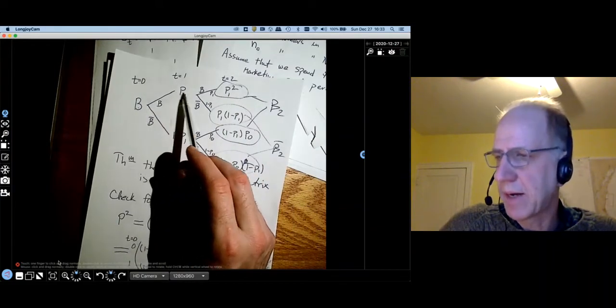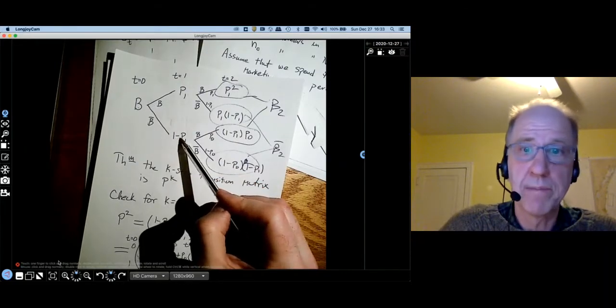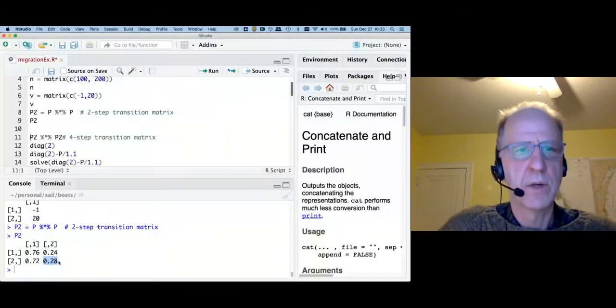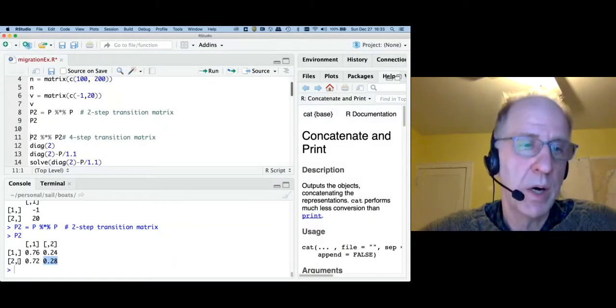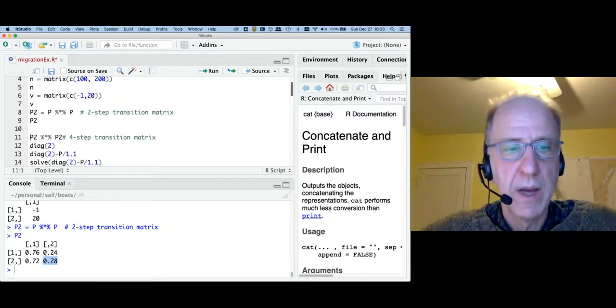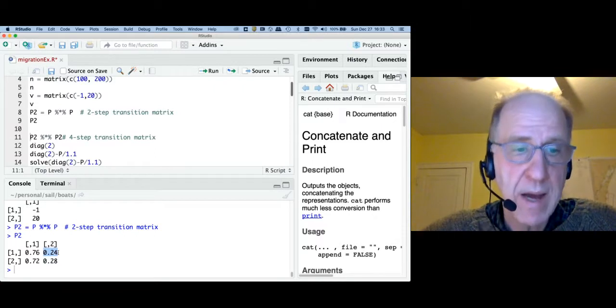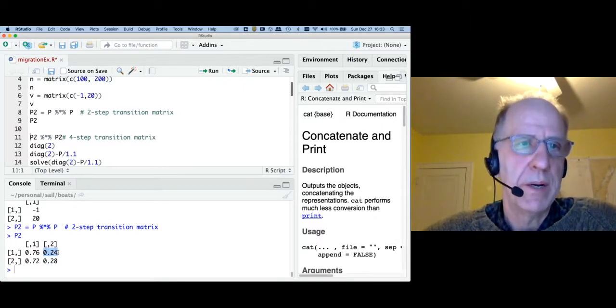I either buy and I buy again, or I don't buy the first period, but then come back to life in the second period. And so in this case, there's a 28% chance that someone who just bought buys 2 periods from now. There's only a 24% chance that someone who is in the non-buy state buys from us 2 periods from now.